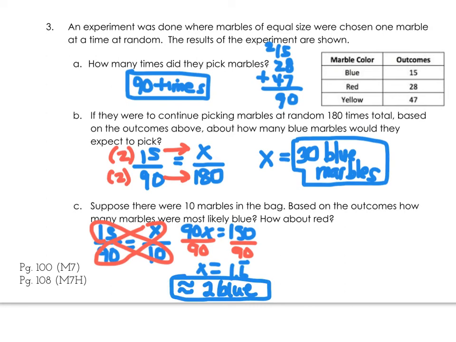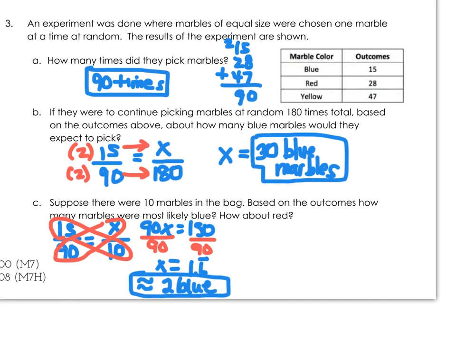Now using proportions, we're going to do the same thing to find about how many red marbles we think might be in the bag. In our table, it says that red was picked 28 times. Again, we put it over 90. There are still 10 marbles in the bag, so we put x over 10. Then we do the cross products again.